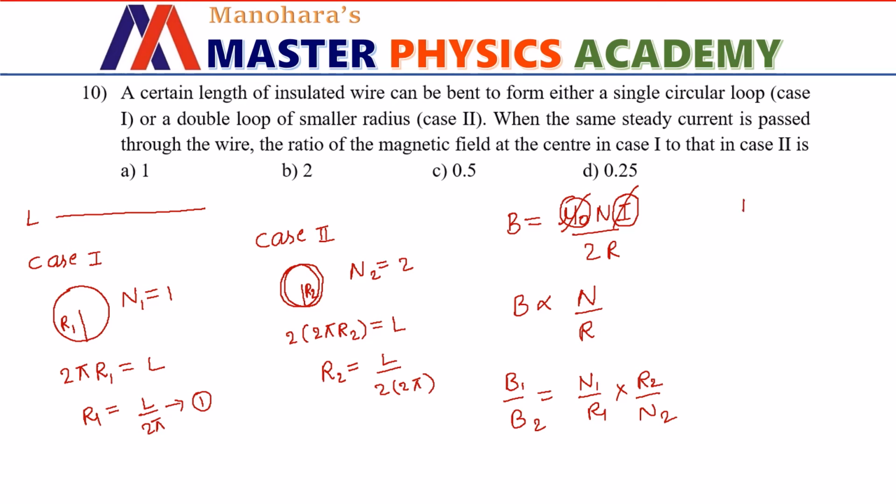N1 is 1, R1 is L divided by 2 pi, and R2 is L divided by 2 times 2 pi, whole divided by N2, which is 2. Now solve this. L by 2 pi and L by 2 pi get cancelled, and what we have is 1 by 4 as the answer. So hence the correct choice is option D.